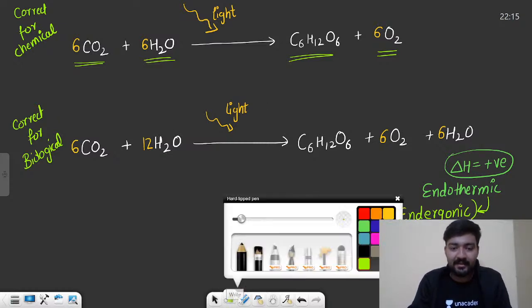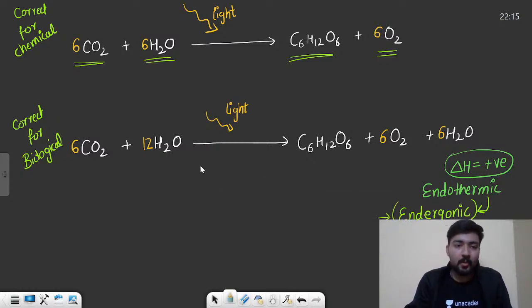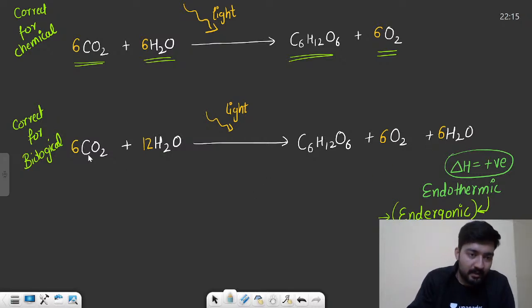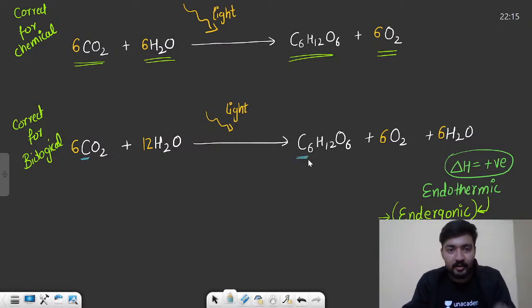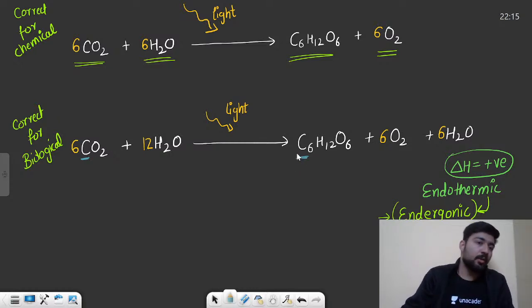Now let us understand why we need to write water here as well as here. See, all these 6 carbon atoms go into the glucose molecule. So I am tracing the path of all the elements to know where they are actually going. In the reactants we have CO2, and in the products we have glucose.